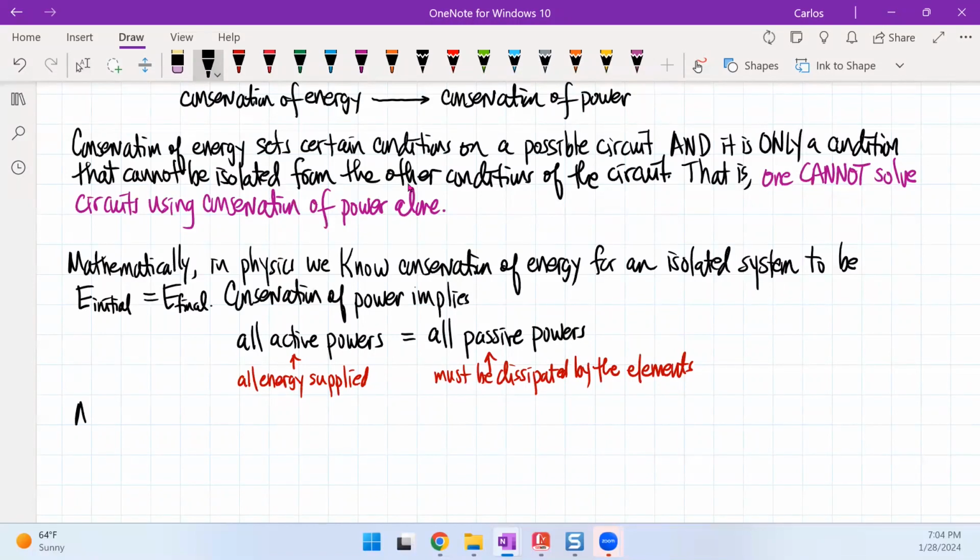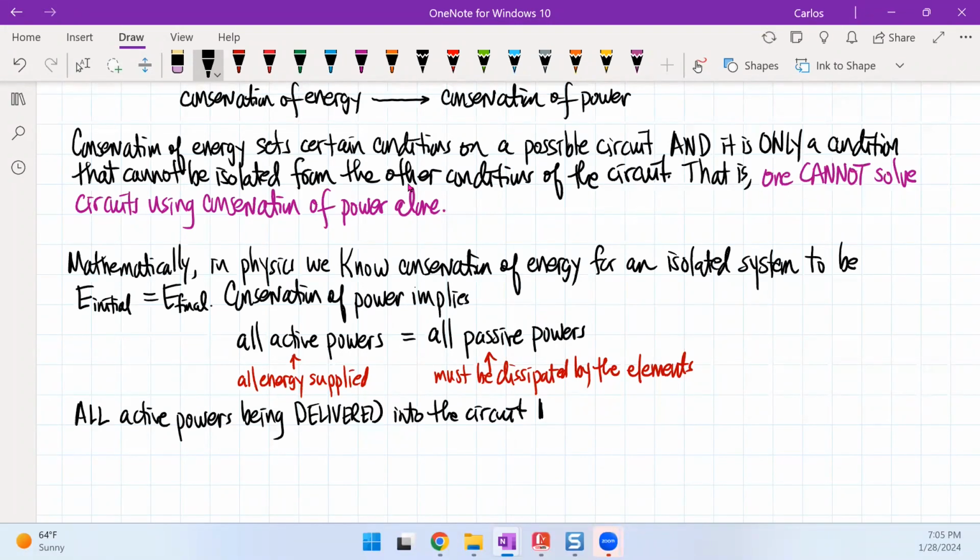It says that all active powers being delivered into the circuit must be dissipated by the passive element.